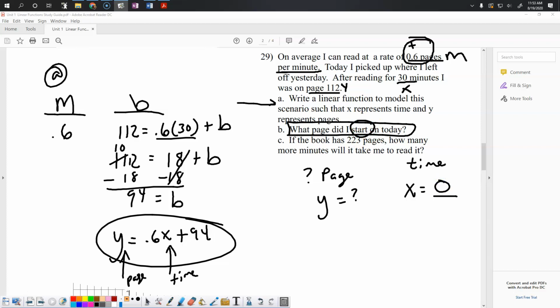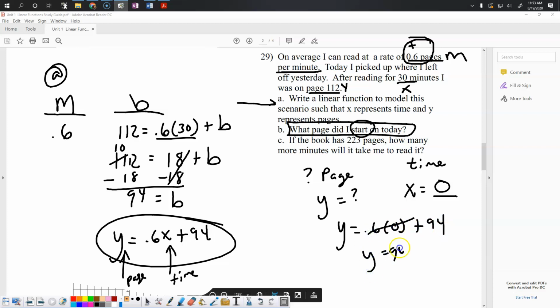So for this one, you're going to plug 0 in for the x, and you're going to solve for y. So if I do that, this goes away, and I'm left with 94. So that means I must have started at page 94 at the beginning of the day. That must be where I left off yesterday. Okay, so let's go ahead and take a look at the next question.